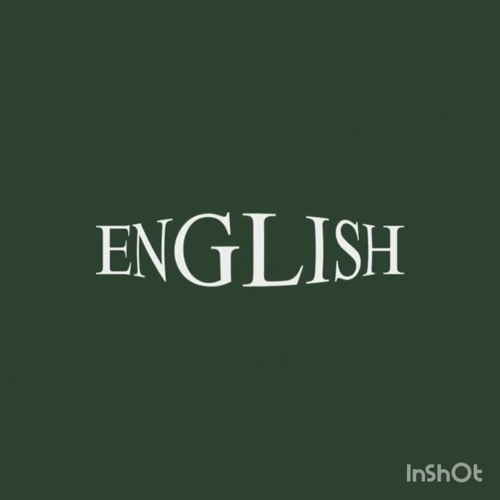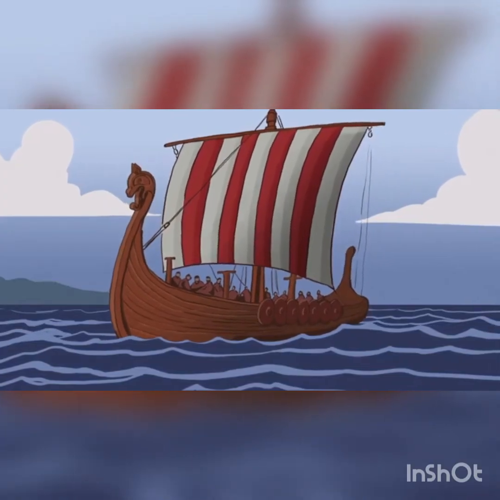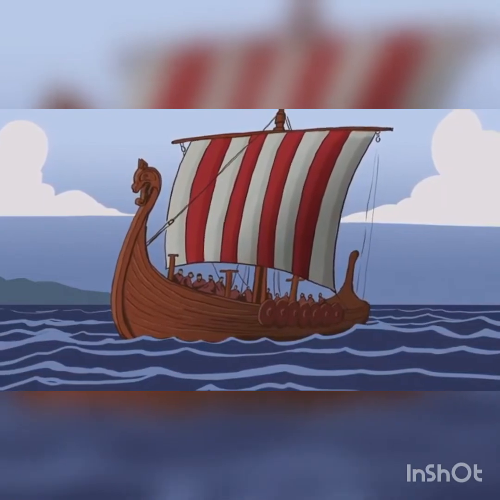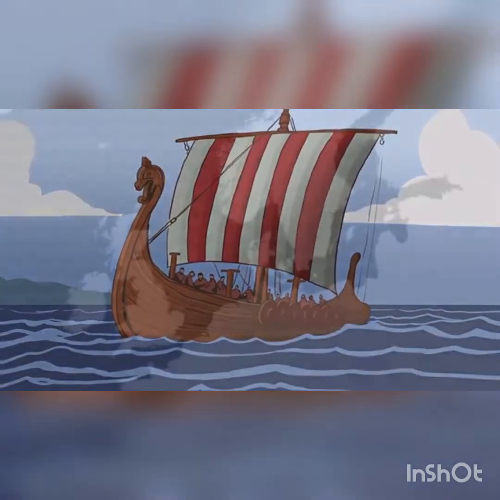Now, Old English was not a static language, no languages ever are, but most of the major changes to the English language through its history came not from within, but from without. The first major influx of change to English came with the Viking invasions in the 8th century onward.